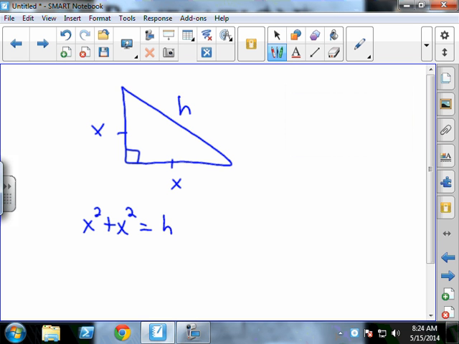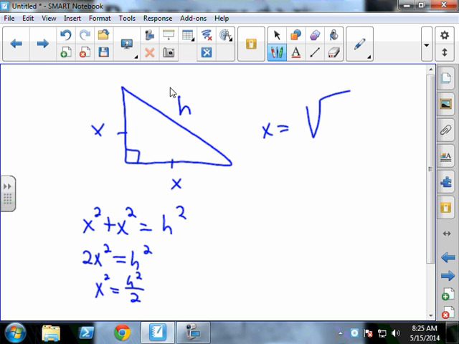So this equals h squared, so I've got 2x squared equals h squared, so x squared equals h squared over 2. So x is the square root of h squared over 2, so it's the square root of h squared over the square root of 2, so it's h over the square root of 2.